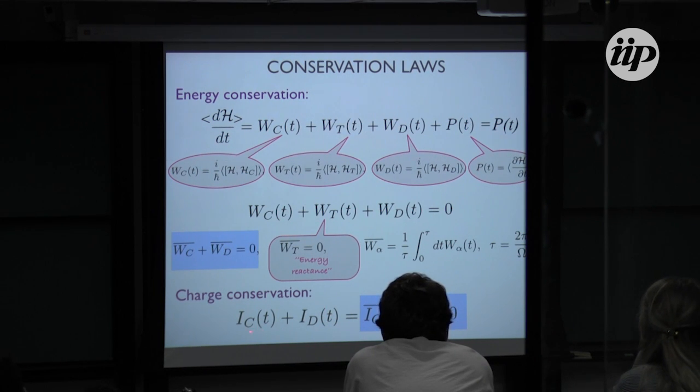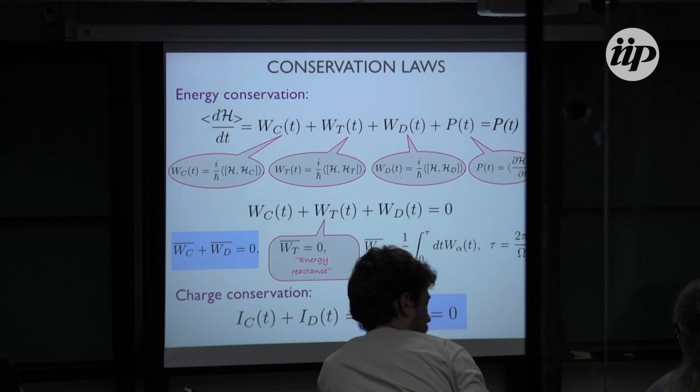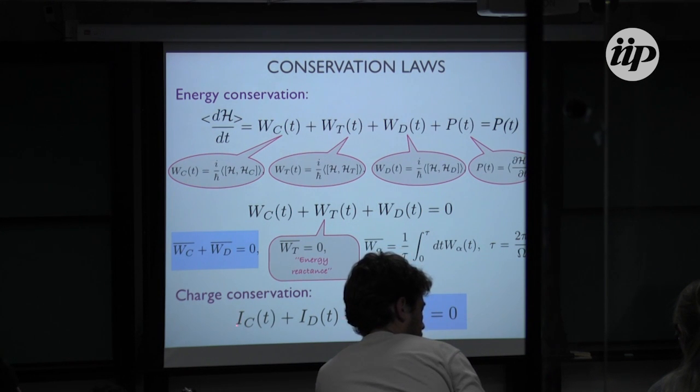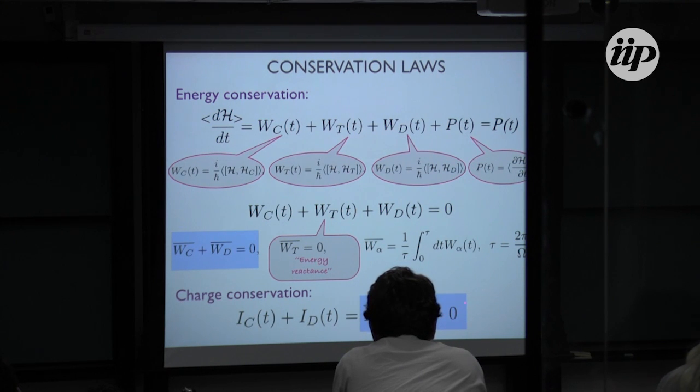The addition of both has to be 0 to satisfy the conservation of the number of particles. And this conservation law looks exactly the same whether we consider it time-resolved or averaged over one period. In both cases, the addition of these two currents has to be 0.